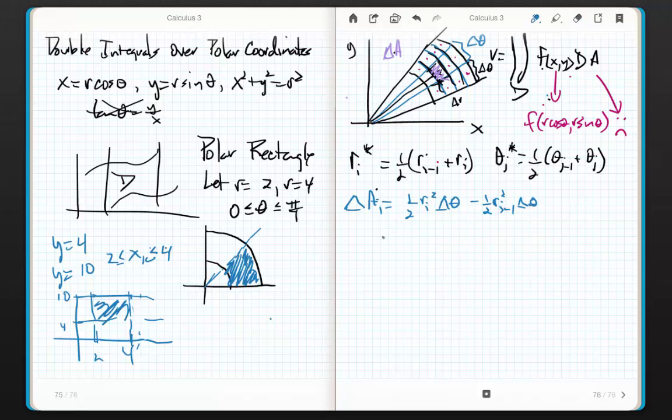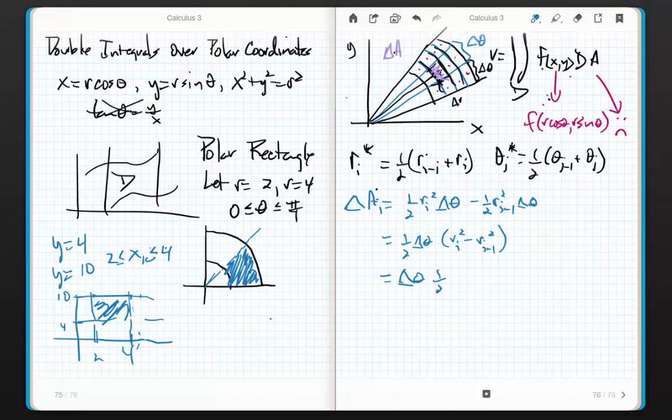Now here's where it gets fun. I'm going to take 1/2 delta theta, and I'm going to multiply that times r sub i squared minus r sub i minus 1 squared. Now your spidey sense may be tingling here a bit, because when I see that, I see a difference of two squares. So I'm going to do something special here. Delta theta is going to sit here.